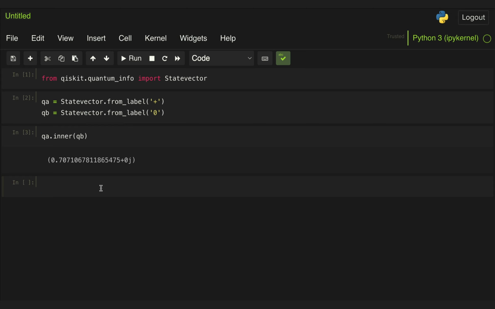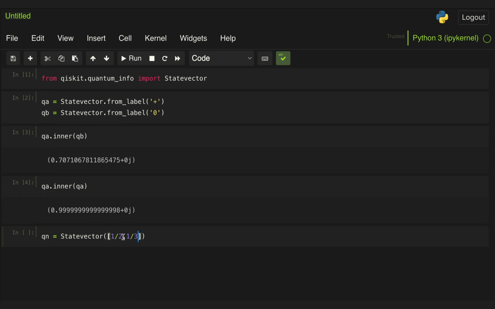Now, of course, we can also perform the inner product of a vector with itself that we know that if it's properly normalized, it should be equal to 1. Now, the thing is that Qiskit does allow us to define state vectors that are not necessarily normalized. So we can take, for example, a vector with entries of 1/2 and 1/3.